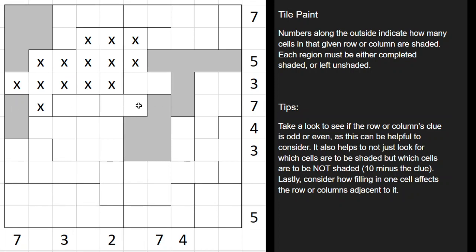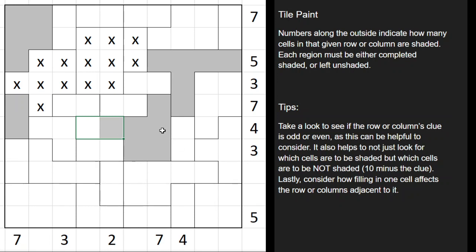Now we know that this 7 is almost done. So one of these cells, or one of these regions, is going to be unshaded. Now, I'm not quite sure if we can figure that out quite yet. So let's look elsewhere. This 4. So we already have 1, 2, 3 shaded cells in that row. We need just 1 more. So any region that is 2 wide has to be unshaded.